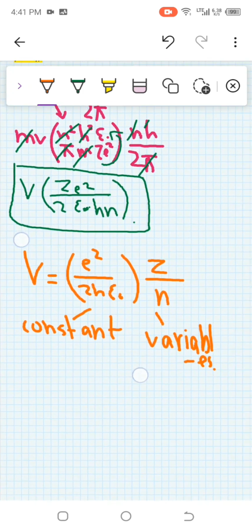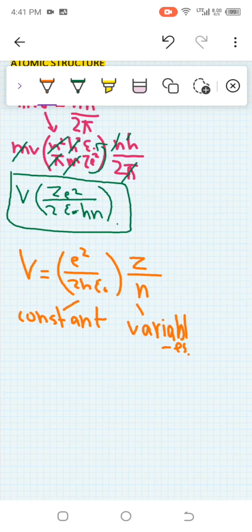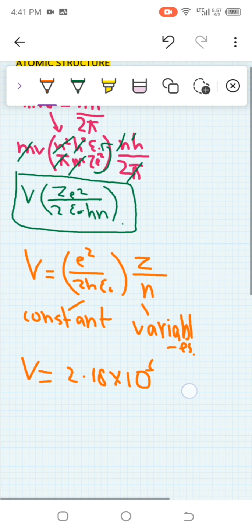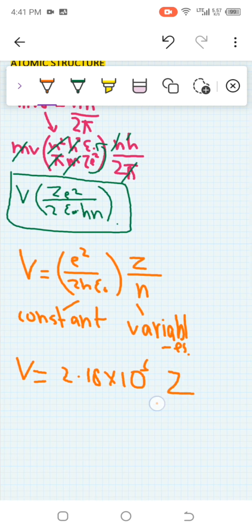Fine. After that, we know this whole constant is equal to 2.18 × 10^6. Then put the Z, which is the atomic number, then n, in which shell it is present, and you can easily find the velocity.